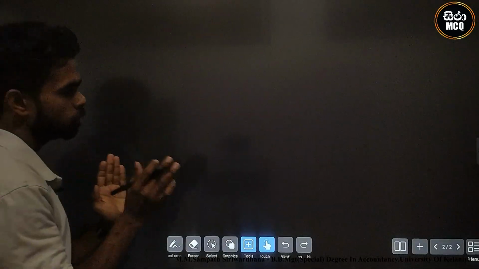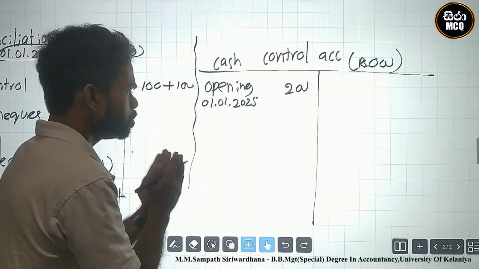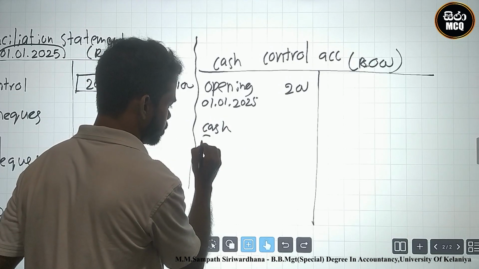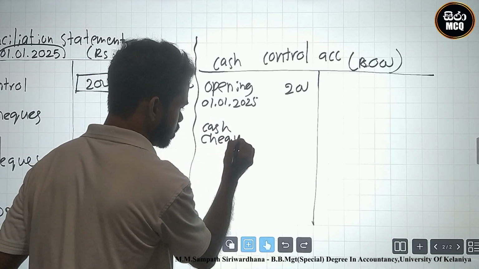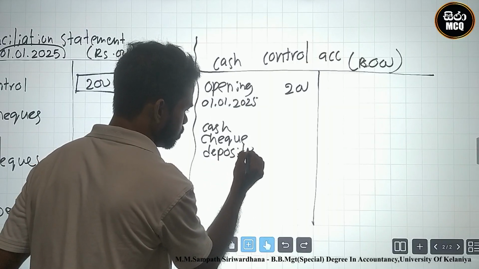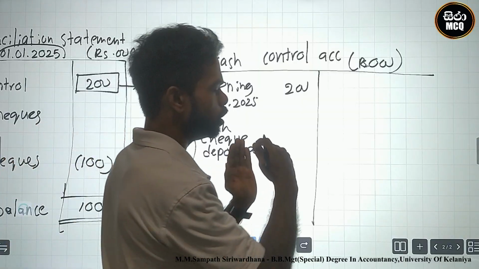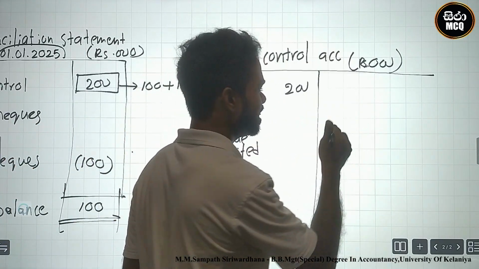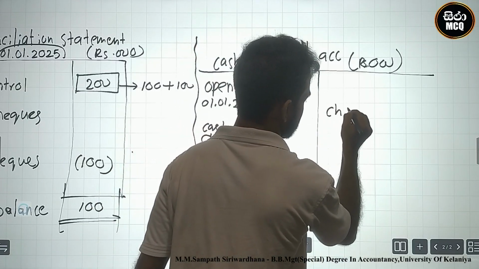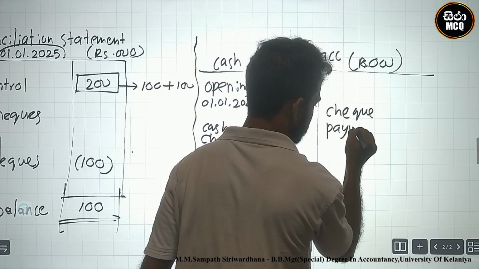Therefore I go to the cash account. This is our account. Deposit values, cash and checks deposited, must be debited, and payments must be credited. This is the cash payment, check payments.